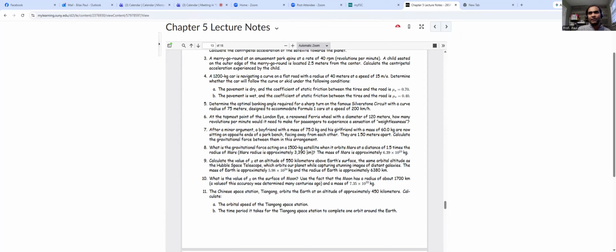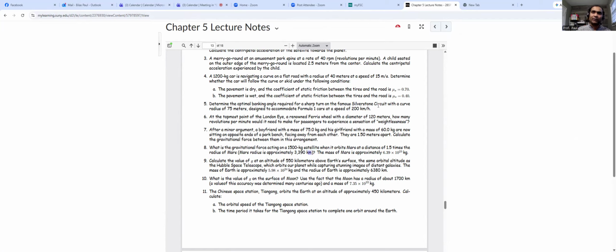One more thing is many students forget that kilometer is not a standard unit. 1 kilometer is 1000 meters. In the last class we did several problems, and in all of them we had to use 1 kilometer equal to 1000 meter or 10 to the power 3 meter. If you don't, you will end up with an incorrect answer.